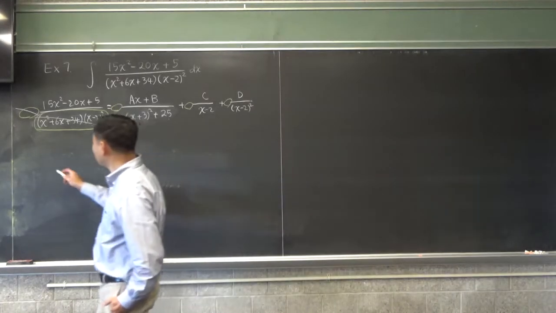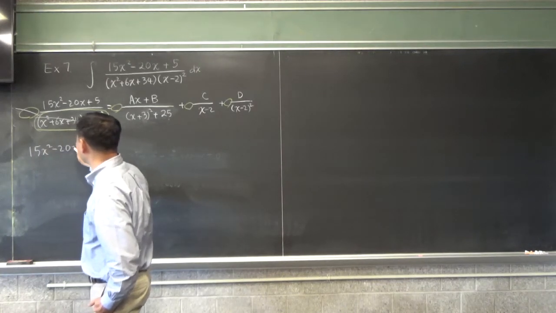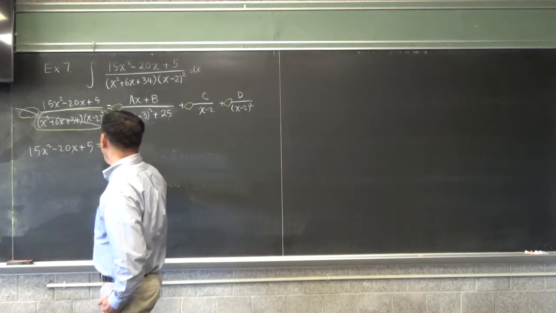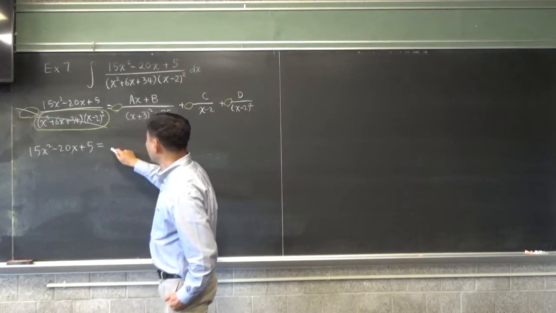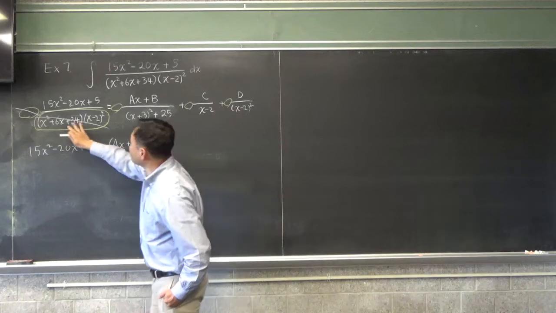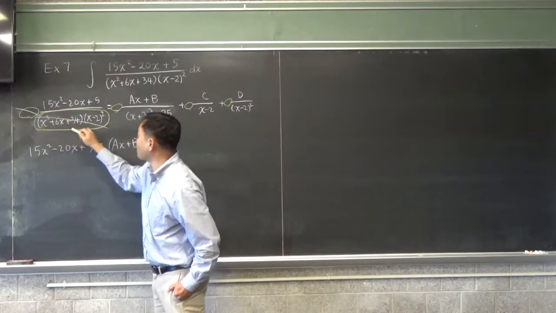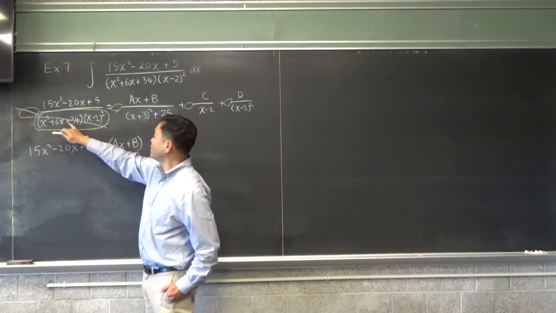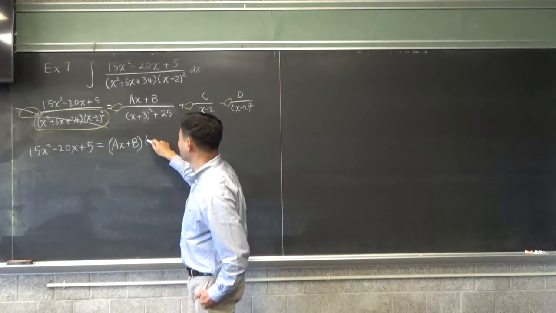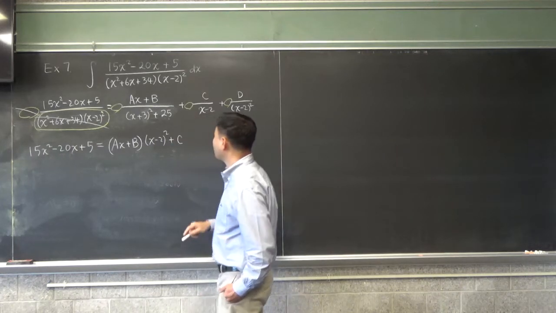First of all, the left side would be 15x squared minus 20x plus 5. And then Ax plus B, because this portion is the same as this one, when this yellow thing gets multiplied, x minus 2 squared times 1 over x minus 2 squared, you'll just get x minus 2 squared. And then C times what?